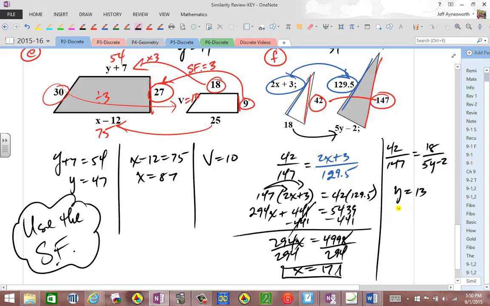You get 2x plus 3 to 129.5 is equal to 42 to 147. So you set this up and you work through this, you get x is equal to 17 when you're done. No, wait a minute. I already solved for x. What am I doing?